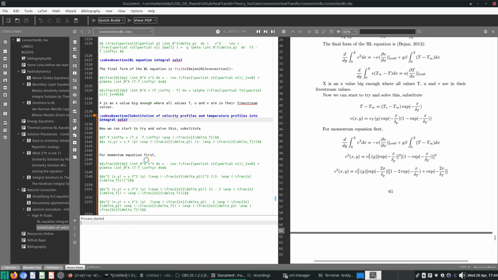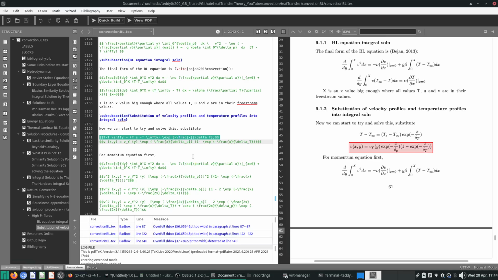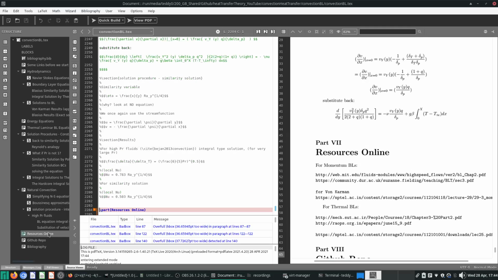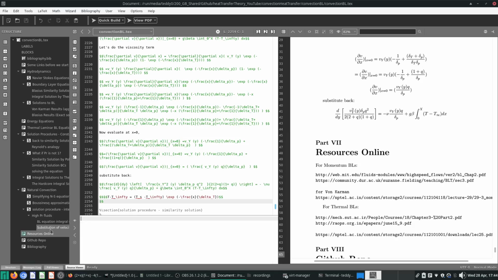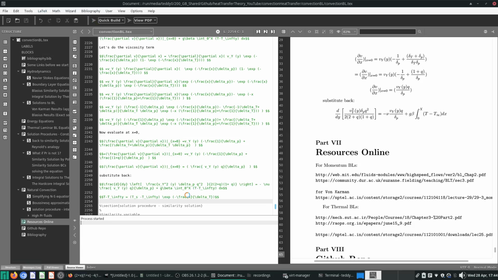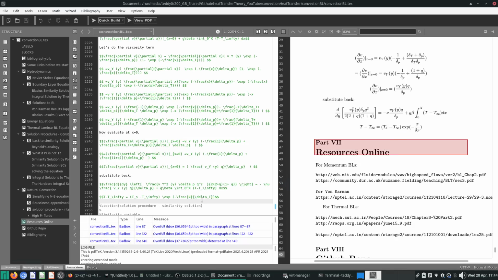Okay, just for clarity and ease, I'm going to add some headers here, so it's a lot easier. Okay, let me put that in here. So now we'll need to integrate this term. Integration should be easy.